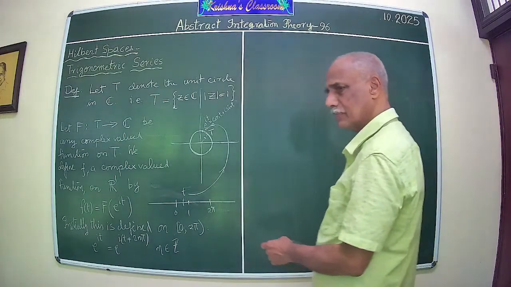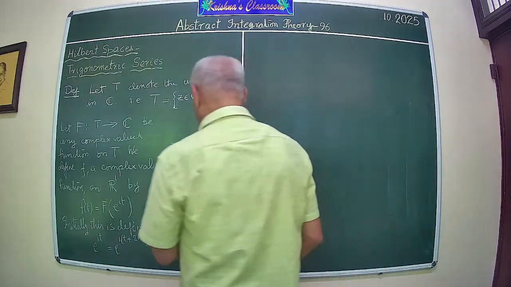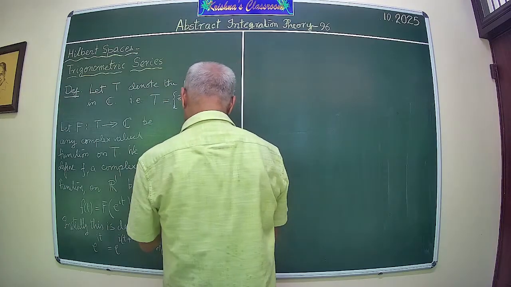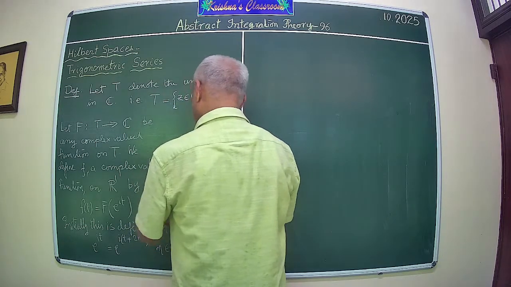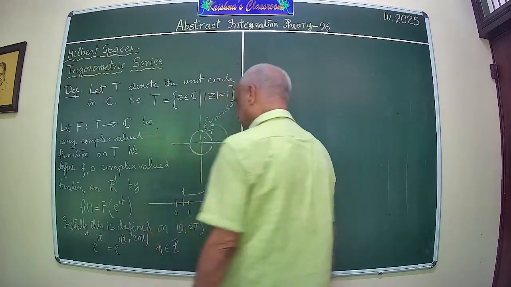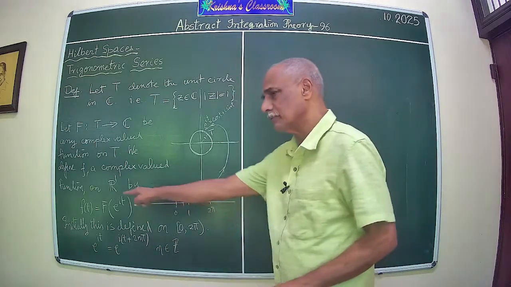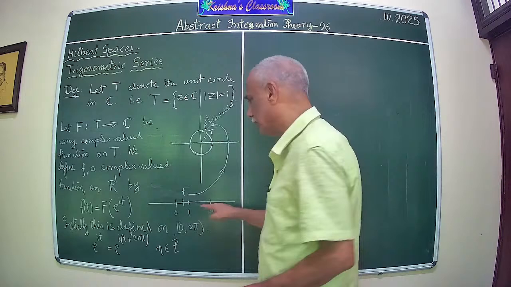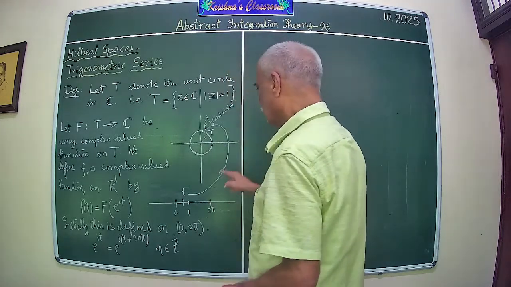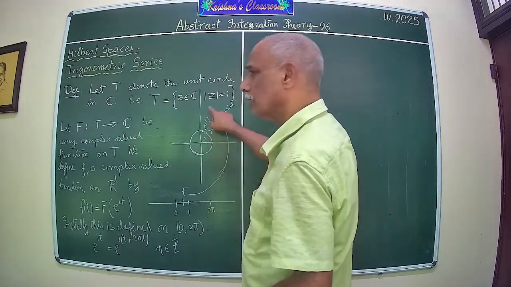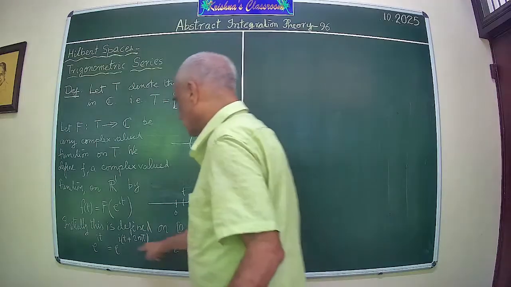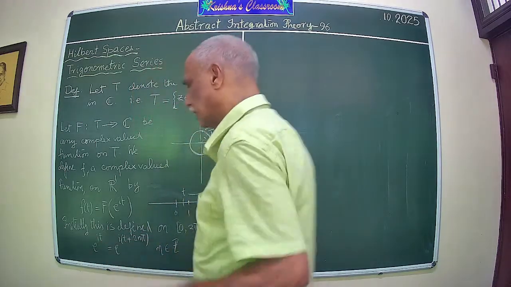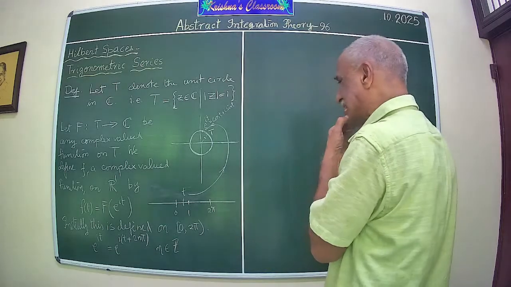Therefore, you see that it not only defines for points in 0 to 2 pi, but for every point t on the real line. For every point t, there will be a corresponding e to the power it, and because of this periodic nature of this function, you have this.